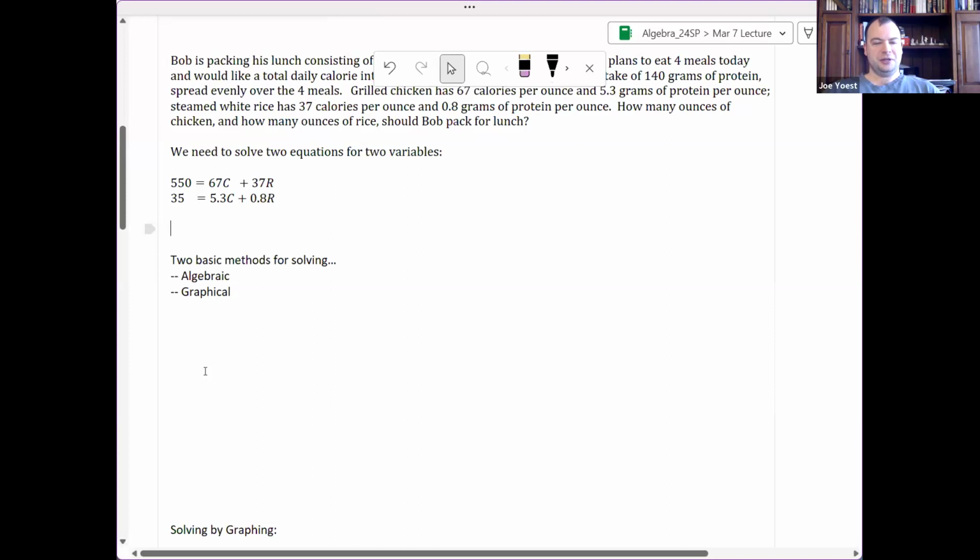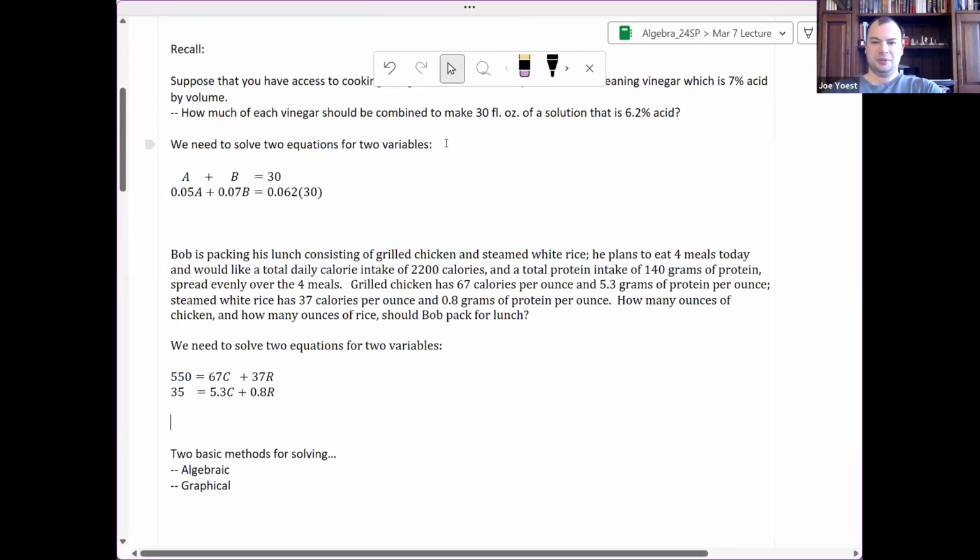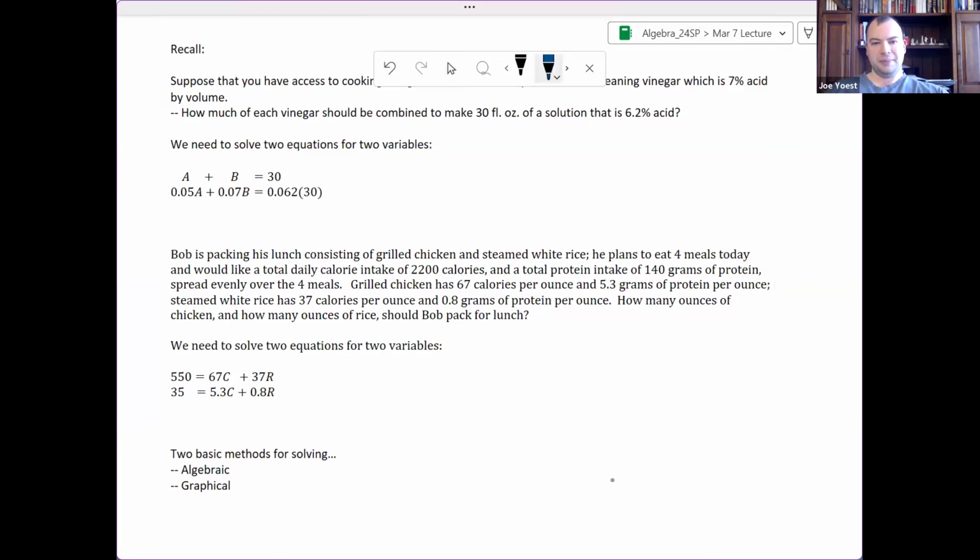So we have two basic methods for solving these equations. One of them was the algebraic approach that we took. And there are even a couple of sub-methods in algebraic that we'll talk about in the next couple of sections.